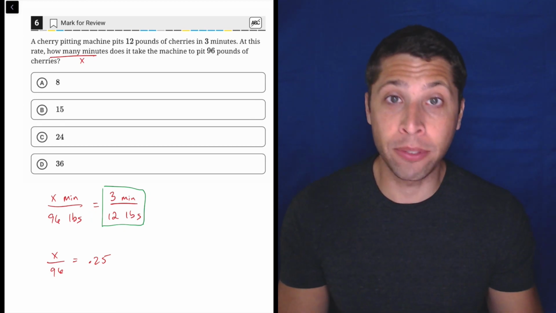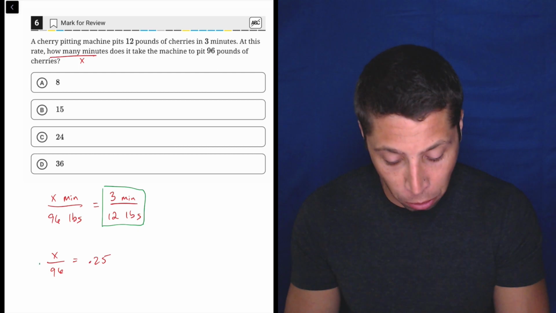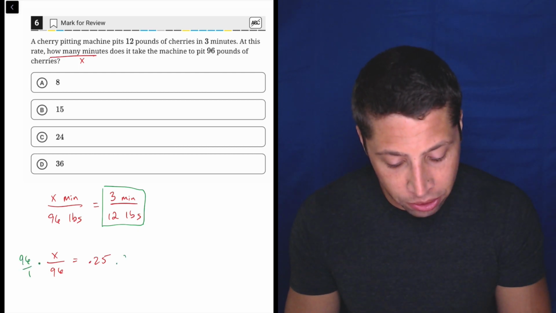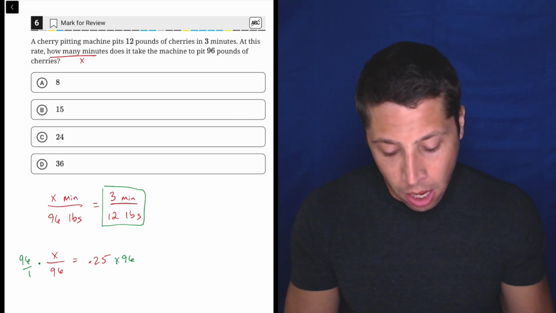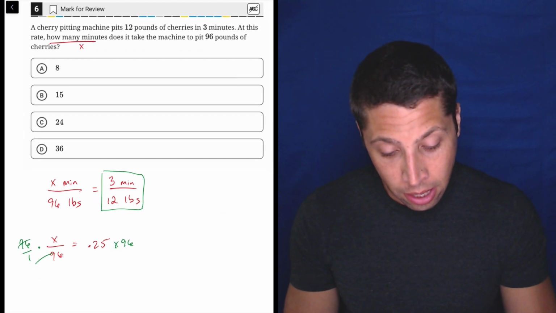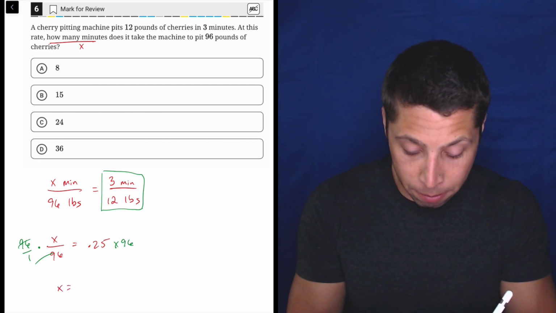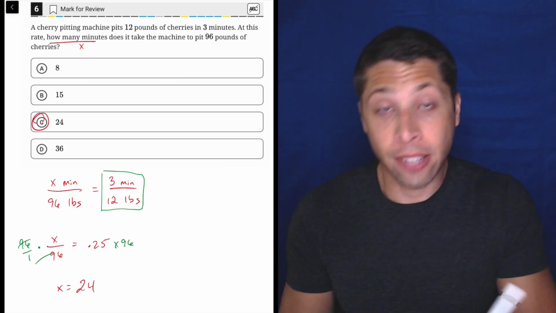How do you get rid of division in math? Well, we use the opposite of division, which is multiplication. So if we multiply by 96 over 1 on both sides, and I'll just do it as times 96 here, that gets rid of this, and it leaves us with x equals 0.25 times 96, which is 24, which is the answer. There we go.